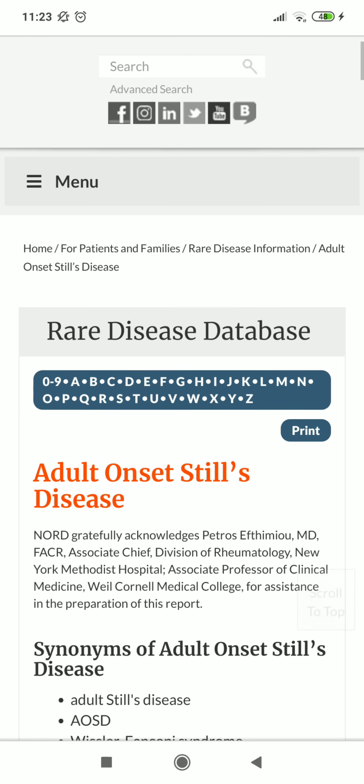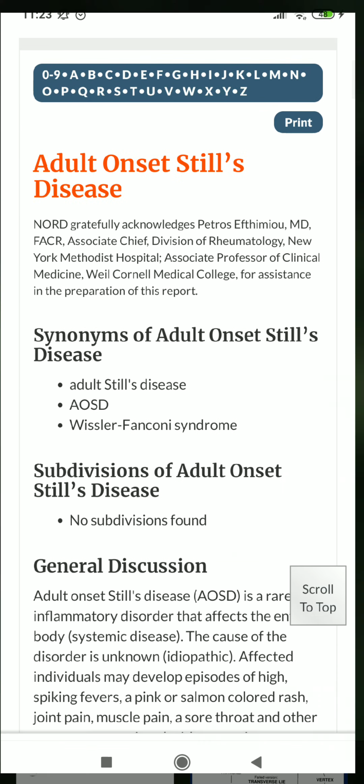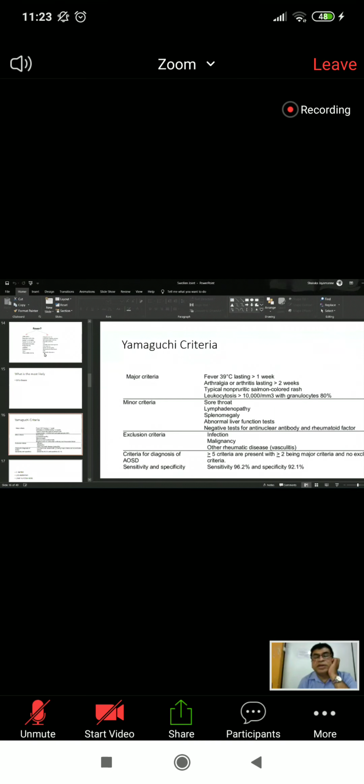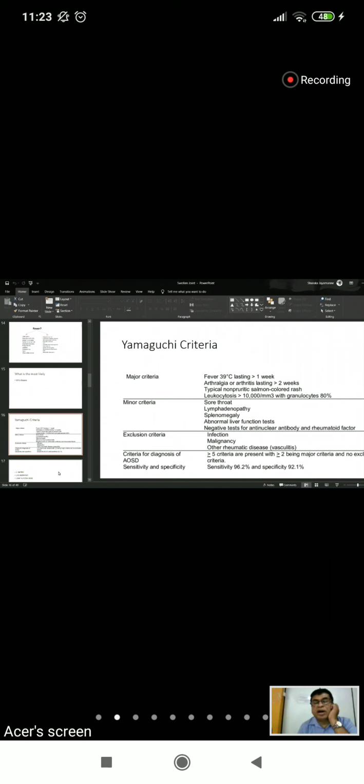So there are some criteria here to diagnose Still's disease, like fever of 39 lasting for more than 1 week, arthralgia or arthritis lasting more than 2 weeks, typical non-pruritic salmon-colored rash, and a leukocytosis of more than 10,000.